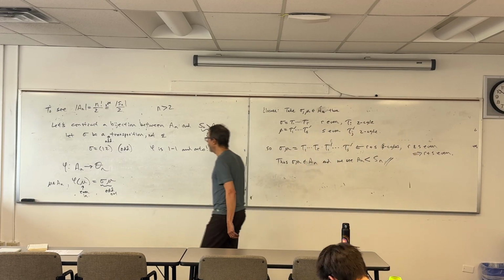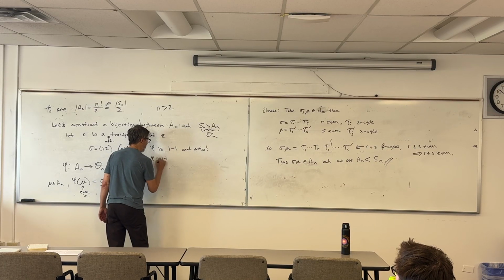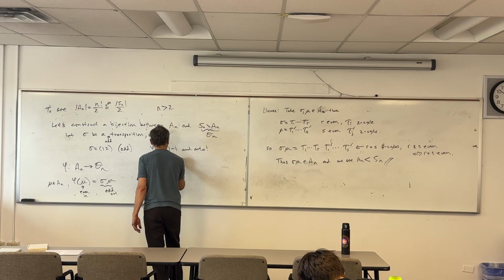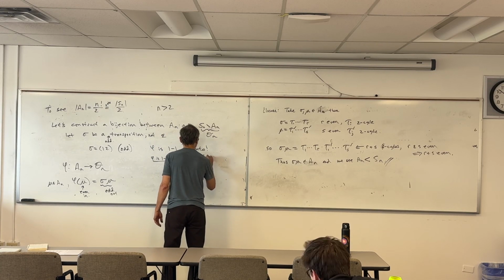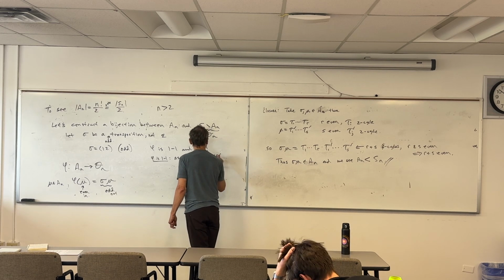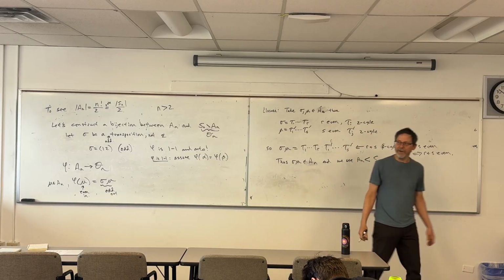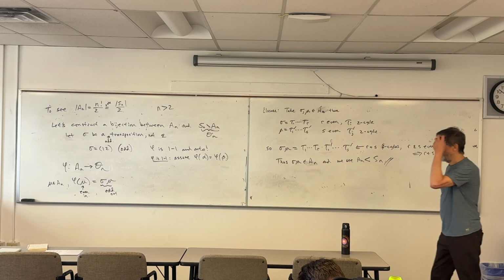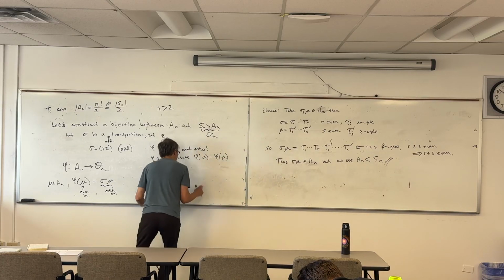Let's prove it. So phi is 1-to-1. I'm going to do a little subproof. I'm going to assume that phi of alpha is phi of beta. Why am I moving so high up into the Greek letters? So what does that mean?